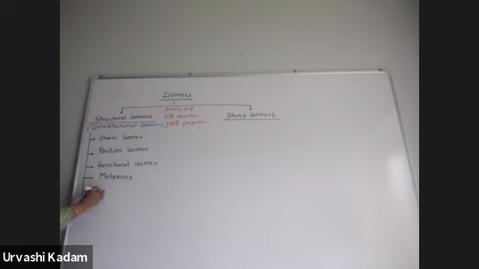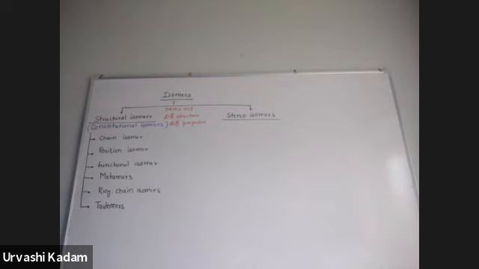The fifth type is ring chain isomers. And the sixth type is tautomers. There are six types of structural isomers which we will see in detail. हम इसको detail में पढ़ेंगे.